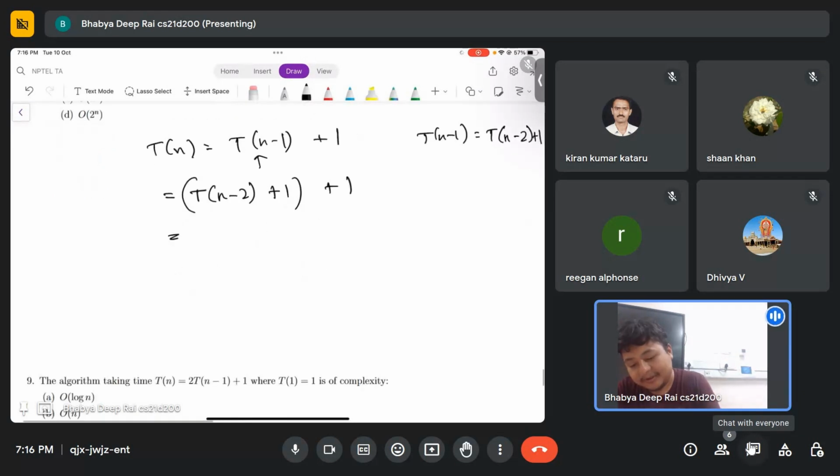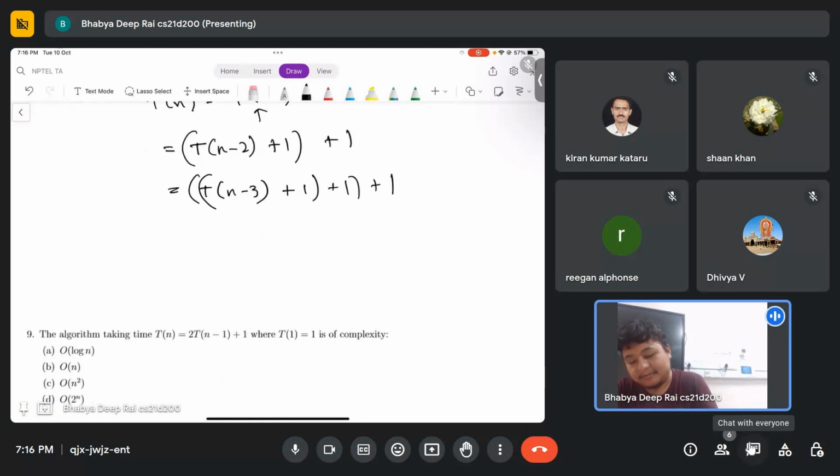Similarly, you can keep substituting: T of n minus 3 plus 1 plus 1 plus 1, and T of n minus 4 plus 1 plus 1 plus 1 plus 1.